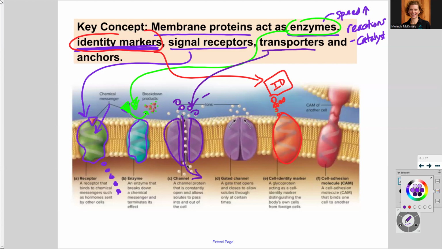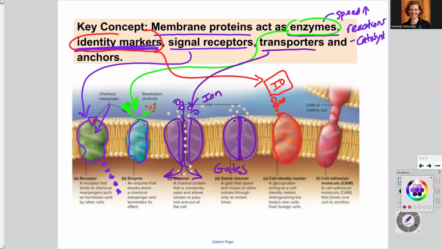In this case, the example is ion. And you should remember, hopefully, what an ion is. It's a charged atom. It could be open all the time, allowing things in and out. Or in this case over here, this is the same type of channel, but it opens and closes. So this is called a gated channel. So these are both for transport.